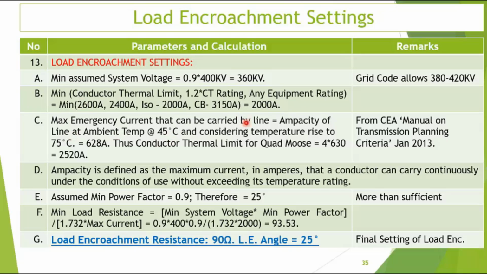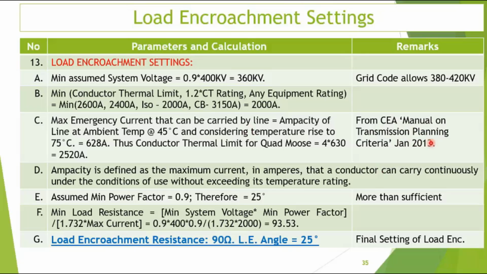The ampacity of the line at ambient temperature 45 degrees and considering temperature rise to 75 degrees is 628 ampere as per the manual. If you don't have any other data given by the manufacturer, follow the CEA manual on transmission planning criteria released in January 2013.